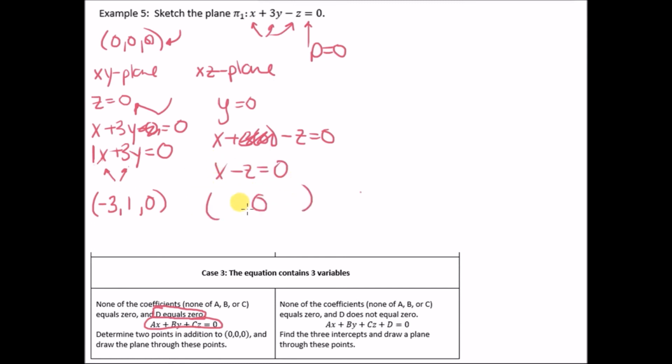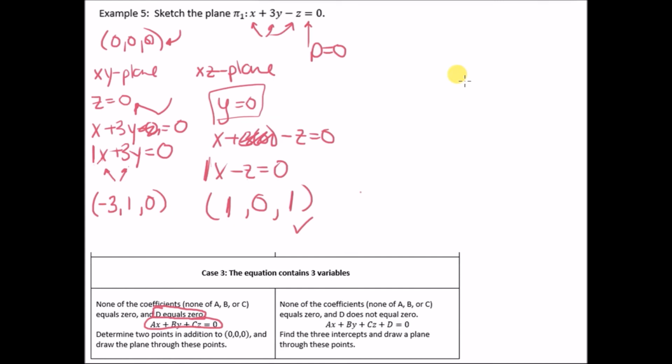We subbed in 0 for y, so the coefficients here are 1 and -1. We can simply sub in 1 and 1 because these are opposite signs: 1 minus 1 equals 0. So the point 1, 0, 1 works as well.